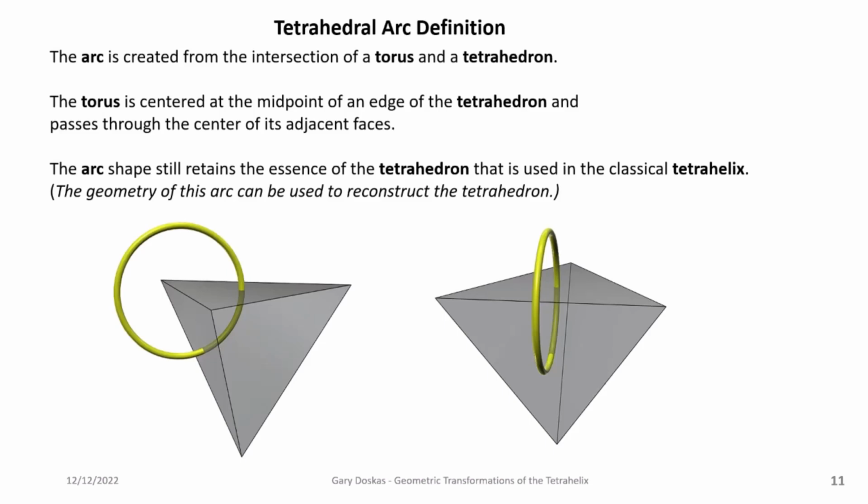It's an intersection between a torus and a tetrahedron, where the torus is centered at a midpoint on an edge of the tetrahedron and passes through the center of its adjacent faces. And essentially this arc still has the essence of a tetrahedron used in the classical tetrahelix. In fact, there's enough information in this arc to reconstruct the tetrahedron itself if you wanted to.